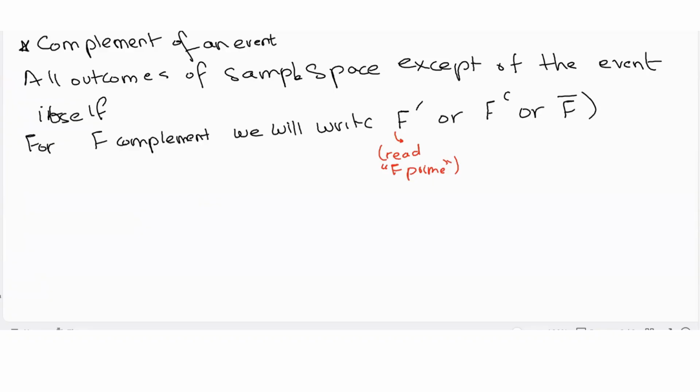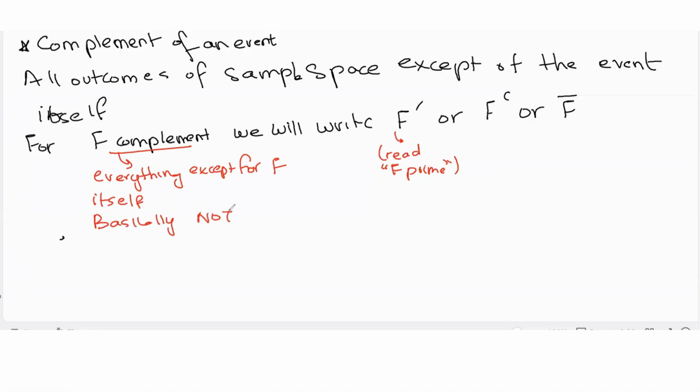All of these are ways that we can represent the complement of F, right? Basically F complement would be, like we said, all outcomes of the sample space except for the event itself. So everything except for F itself. Basically not F.